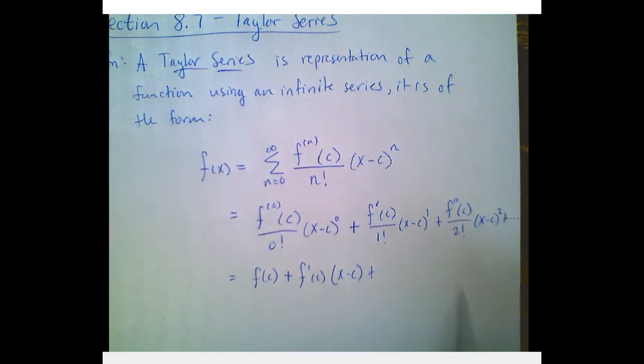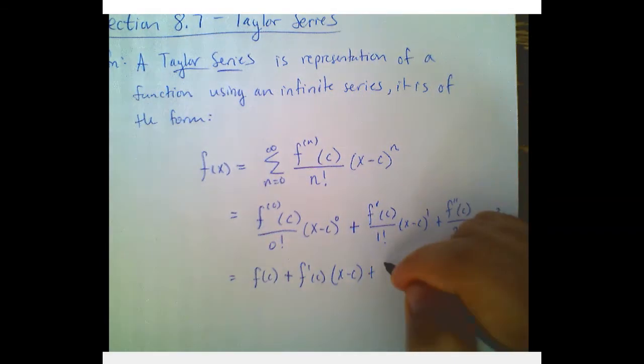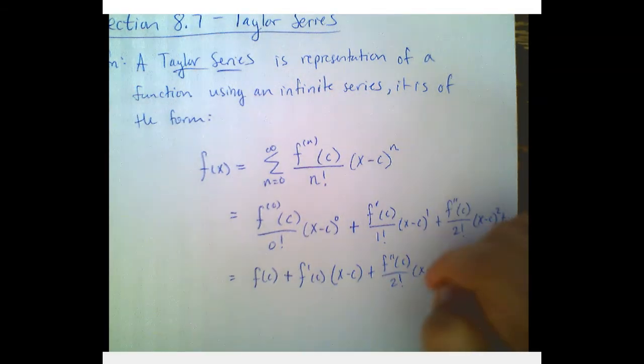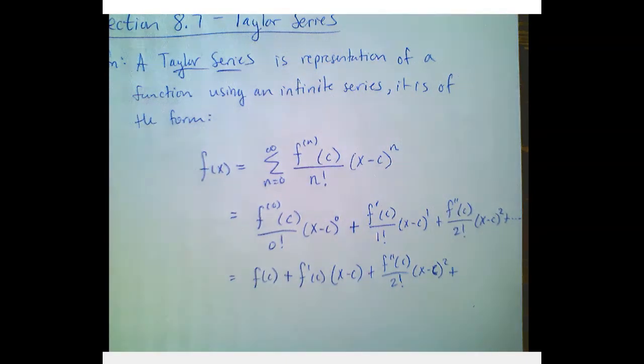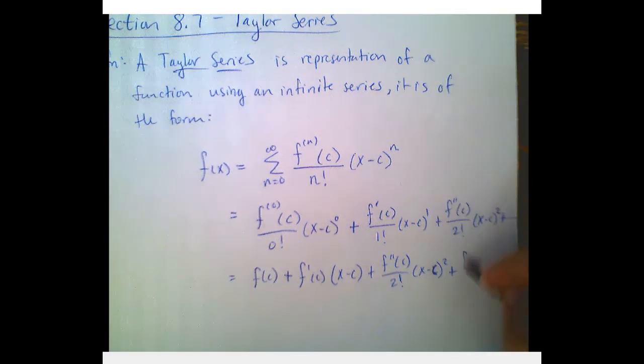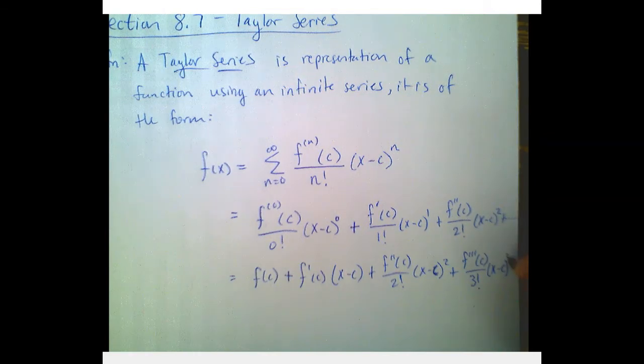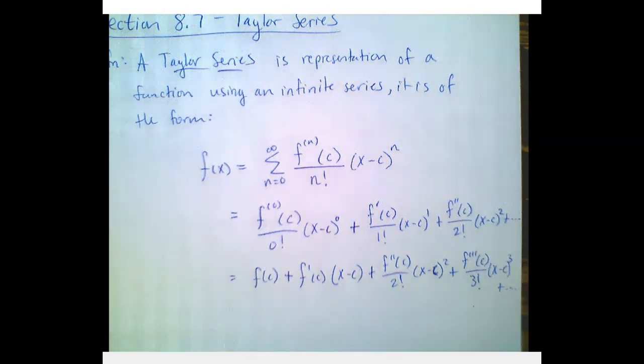Plus, the third term here would be f double prime at c over 2 factorial times x minus c squared. Let's think about what that next term would be. So we just follow the pattern. This would be the third derivative at c over 3 factorial times x minus c cubed, plus so on and so forth.